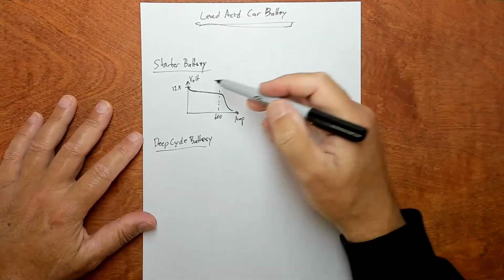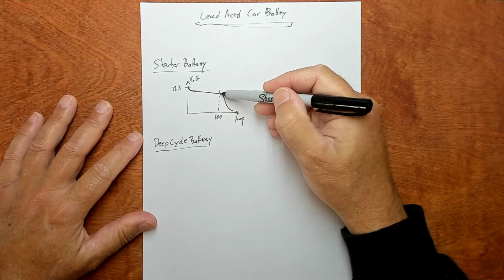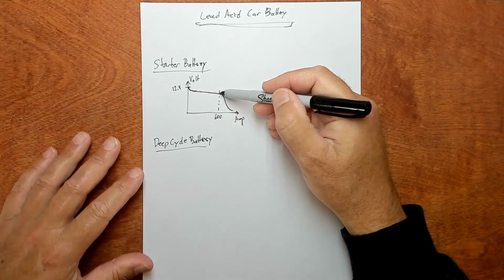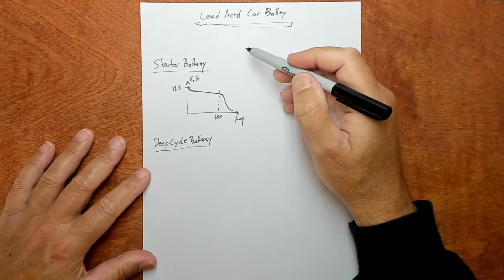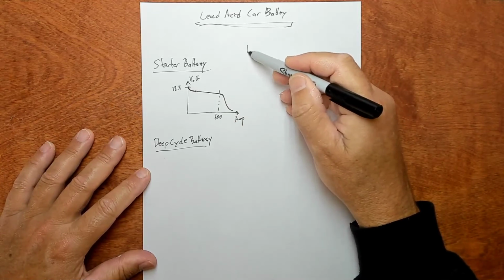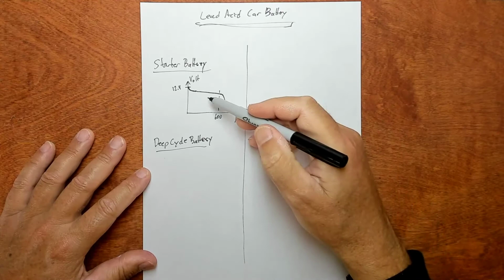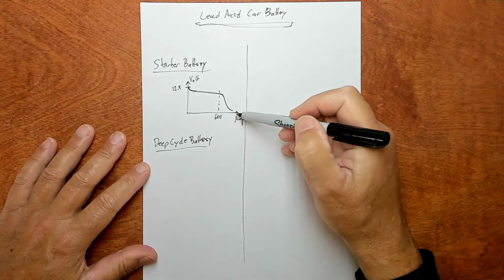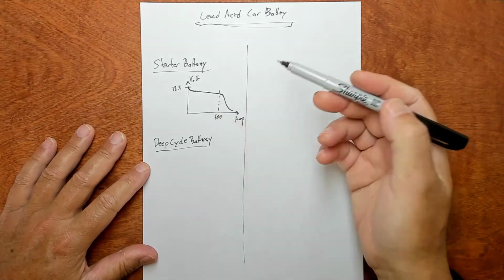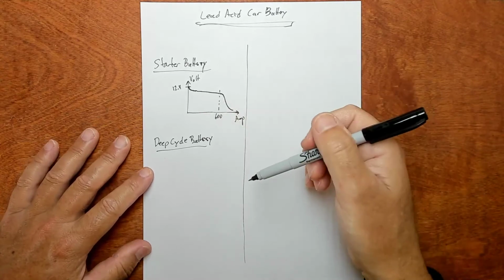It doesn't want to do any more. They're designed to put out enough current to turn a starter motor. So I'm basically drawing the voltage and current relationship for a starter battery, the kind of battery that has to turn a starter motor.